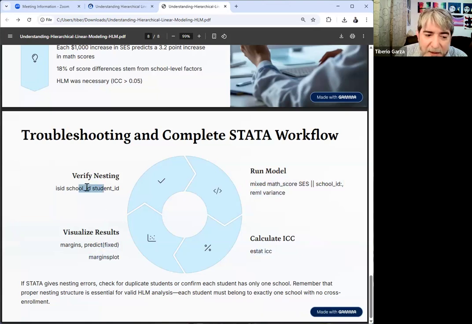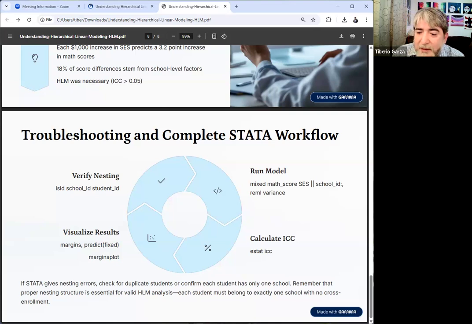We want to verify nesting, that the data is correctly connected with student ID and school IDs, and then run the model. I recommend running an empty model first, then visualizing results, and then confirming that HLM was necessary.